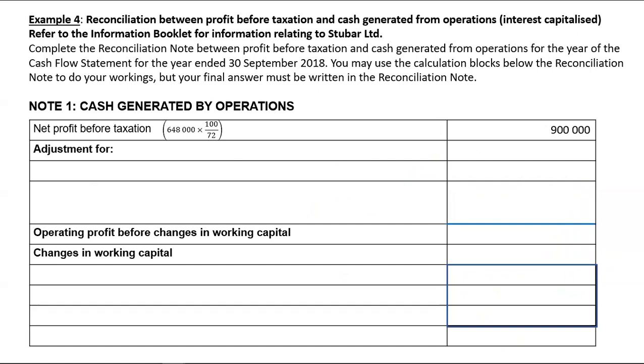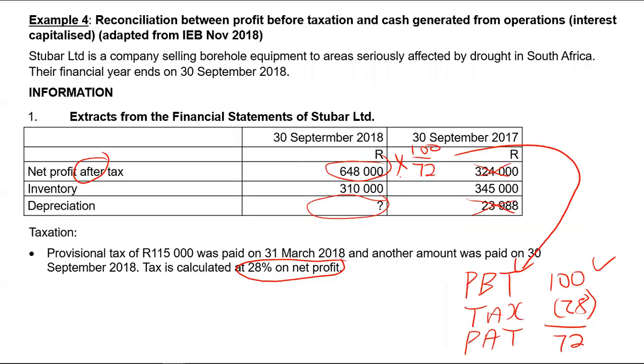Let me just go back to the question. I'll come back to inventory because I know that I have to use that inventory balance. For now, I'm just going to highlight it. I'll come back to it.